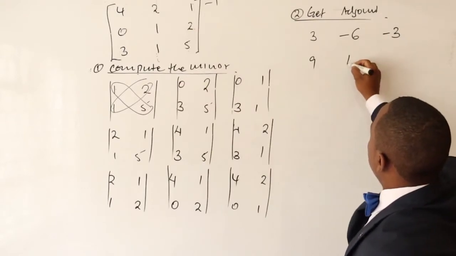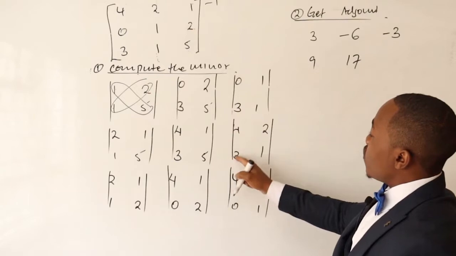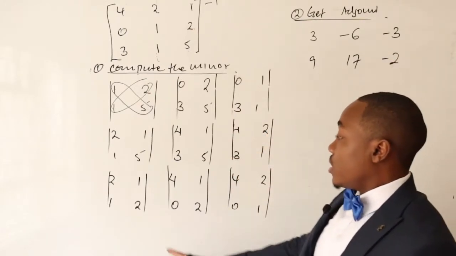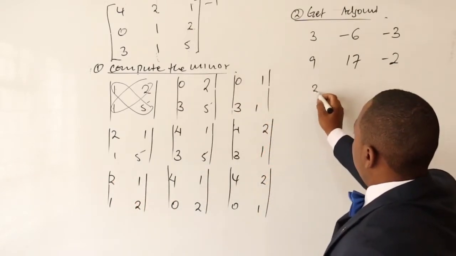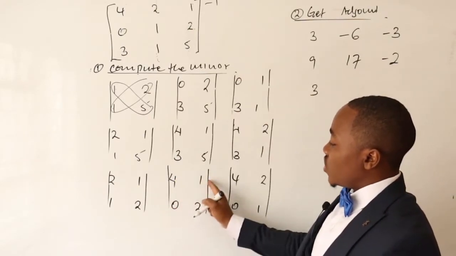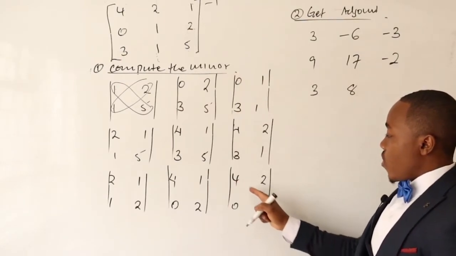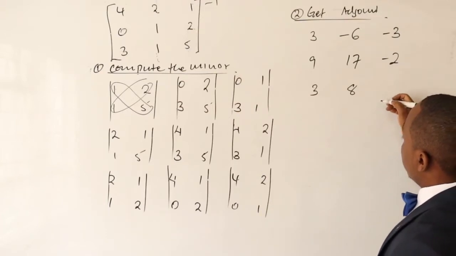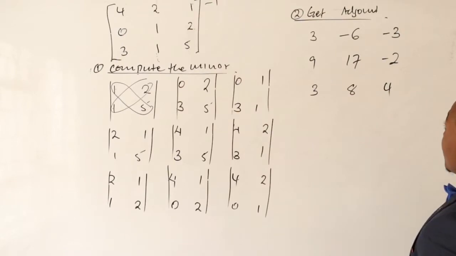You have 17. 4 minus 6, you get negative 2. 4 minus 1, you get 3. 8 minus 0, you get 8. 4 minus 0, you get 4. Like that. So that's how you get the adjoint.